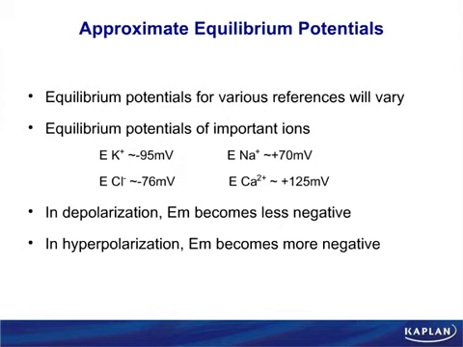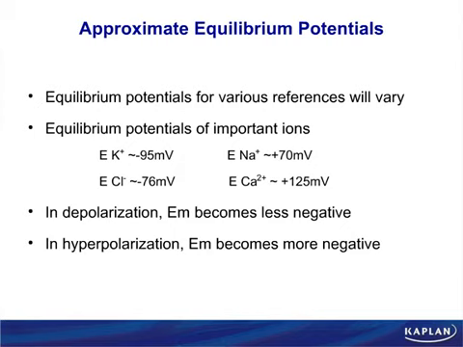So if I have a cell that has a high potassium conductance, it's going to drive that cell toward minus 95 because that's equilibrium for potassium. Contrast that with calcium. Let's say we have a cell that has a high permeability to calcium. Well, that's going to drive that cell toward 125. Why? Because that's equilibrium for calcium.